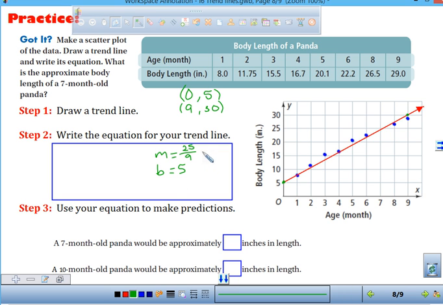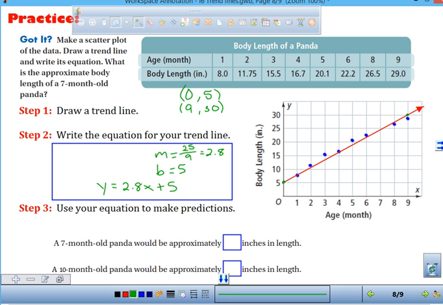So we're going to round it to 2.8. Okay. What is our equation then? Slope first. 2.8x plus 5.